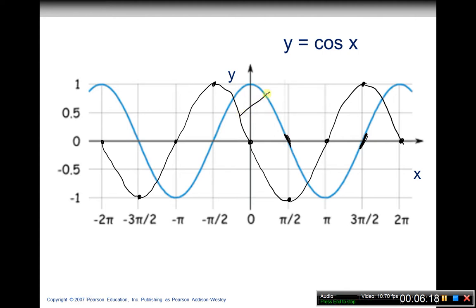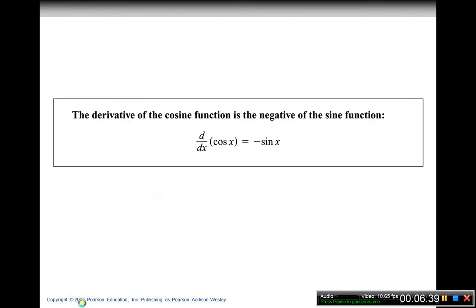So we believe that y prime equals d/dx of cosine of x is equal to minus sine of x. So our conclusion here is that the derivative of cosine of x is a negative sine of x.